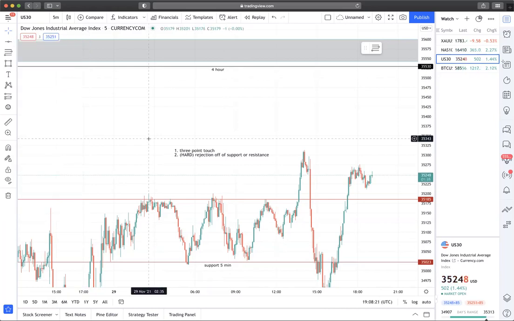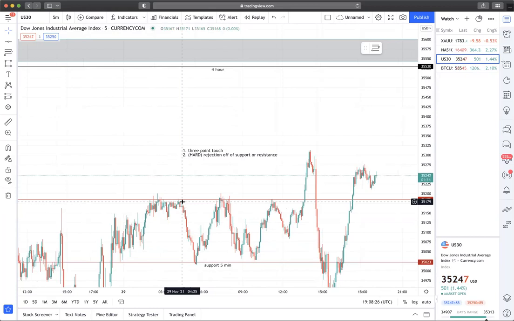So what's different when it comes to scalping, and we will do a couple of back tests with this as well, is it's quick in and out moves.